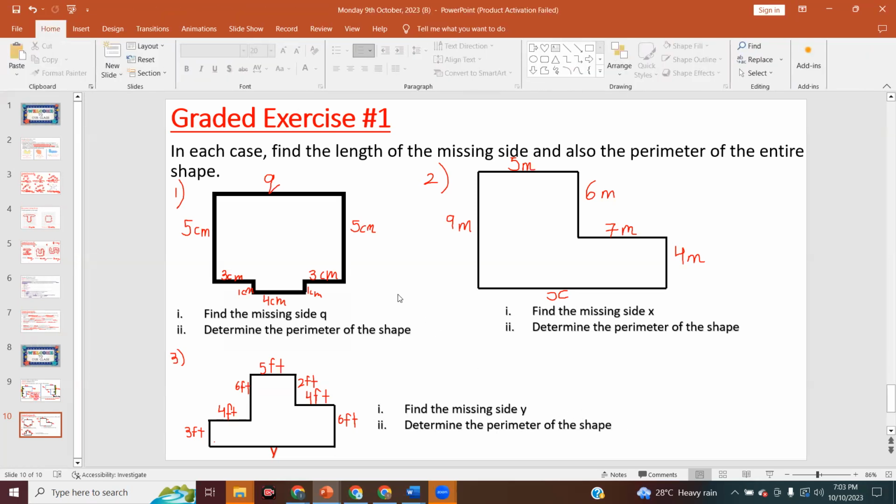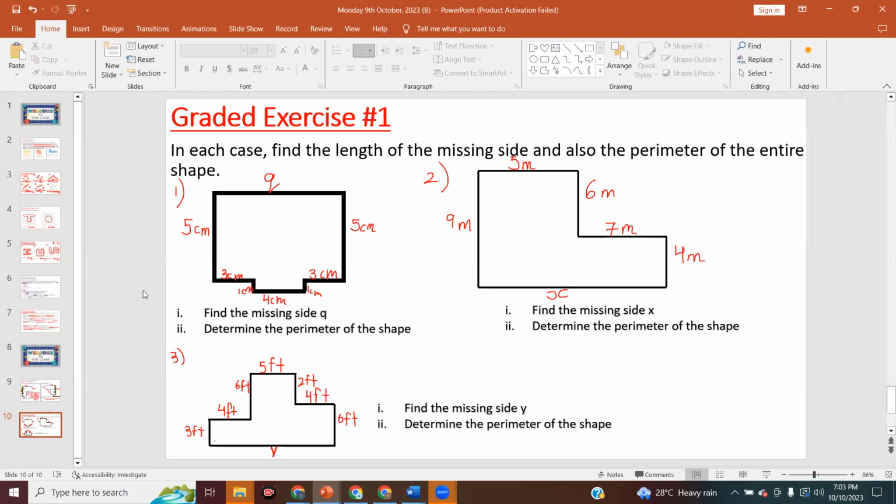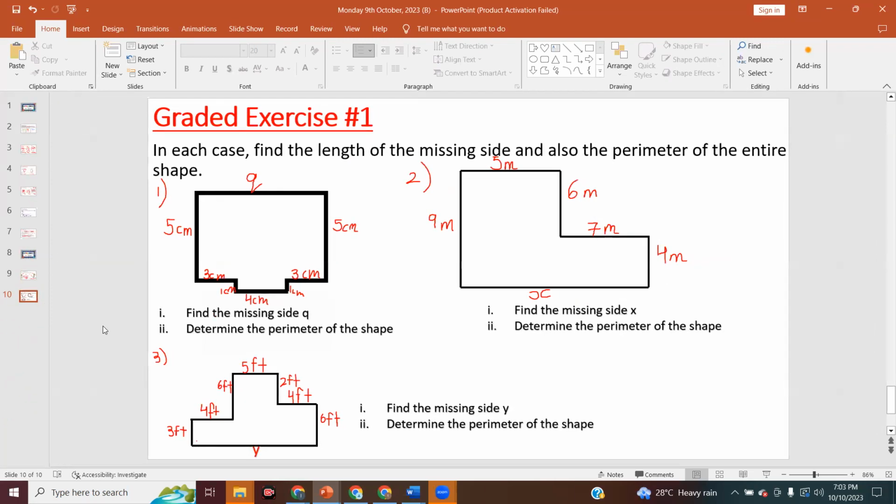So we only have 3 of these. Once you find the length of the missing side, that's the first thing you do. Once you find that, then you can determine the perimeter.